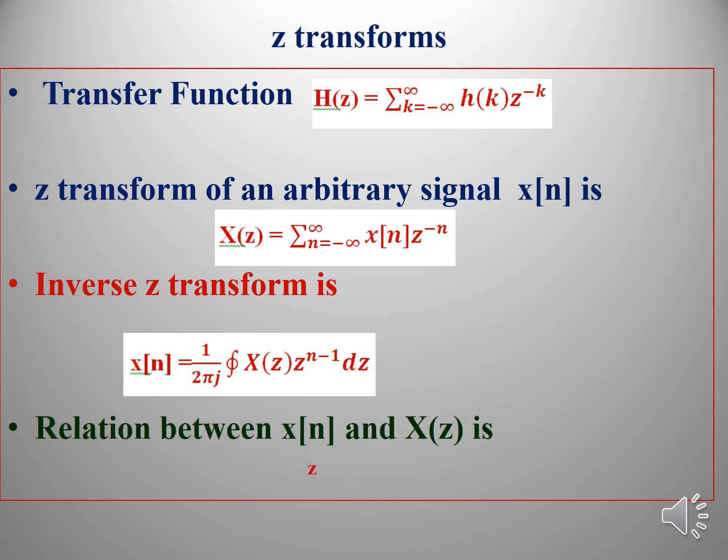Therefore, the relation between x of n and X of z is thus established in this discussion. x of n could be translated into X of z. Similarly, we could also translate X of z into x of n.